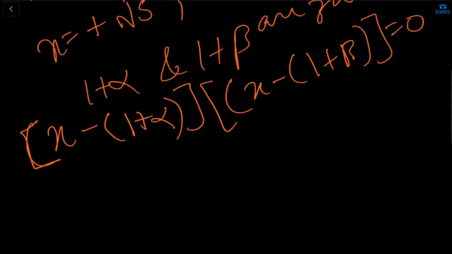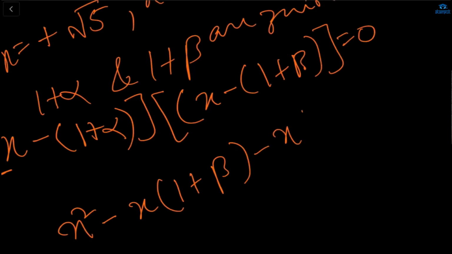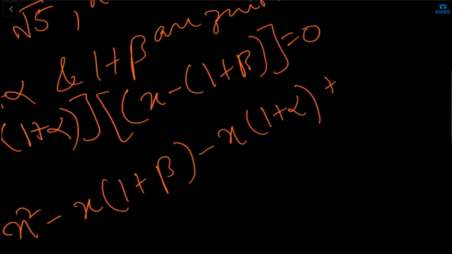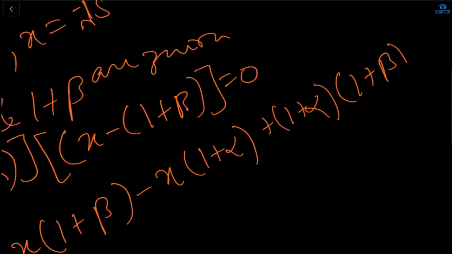Okay, so what it will be: x square, x will be multiplied by the first element, x square minus x(1 plus beta). Now minus x(1 plus alpha) plus (1 plus alpha)(1 plus beta) is equal to 0.